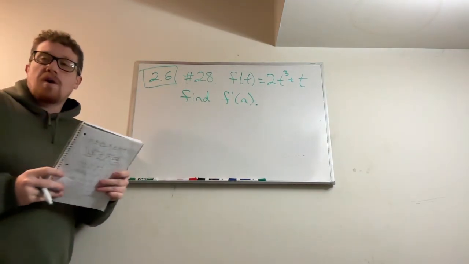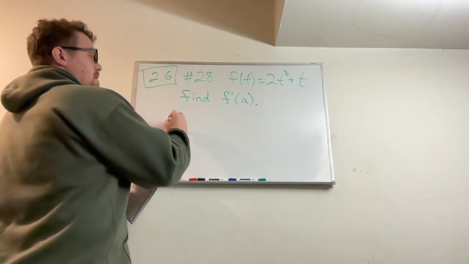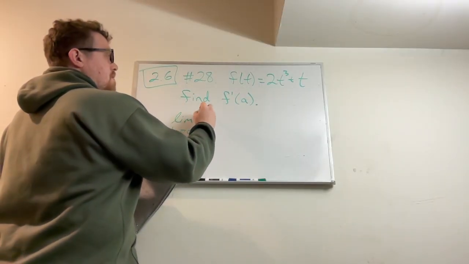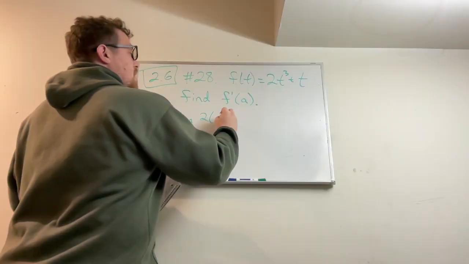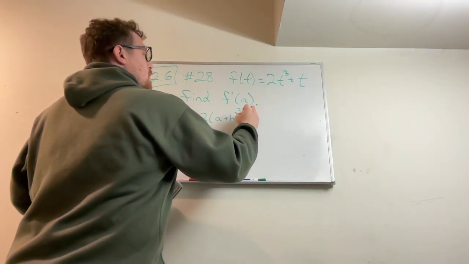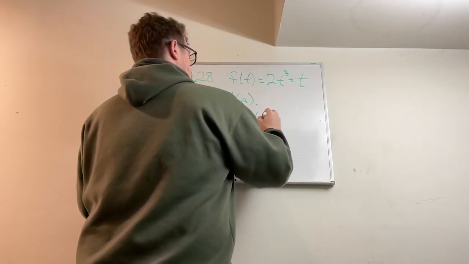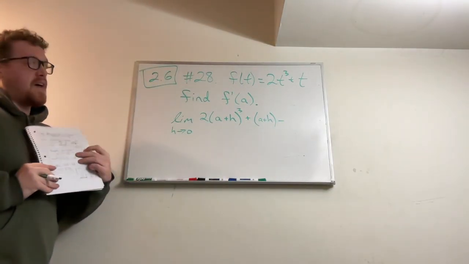Right, and so we're going to look at the definition that we just wrote down again, and write it by definition. So this is the limit as h goes to 0 of 2 times a plus h cubed plus a plus h. So that's f of a plus h.